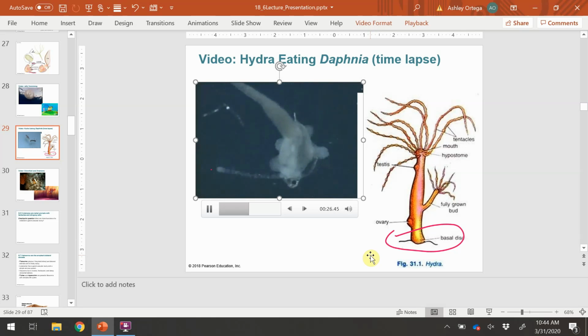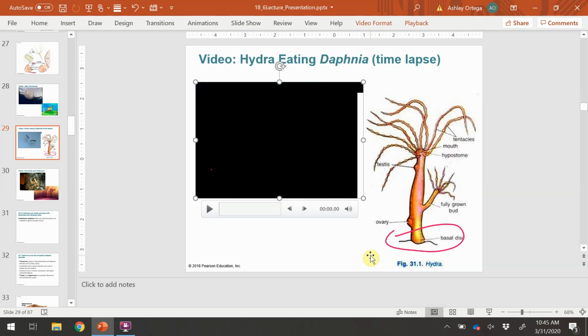He's clutching on to that Daphnia pretty well and trying to take it into its body. It looks like it's completely swallowed now, and now it will break apart.